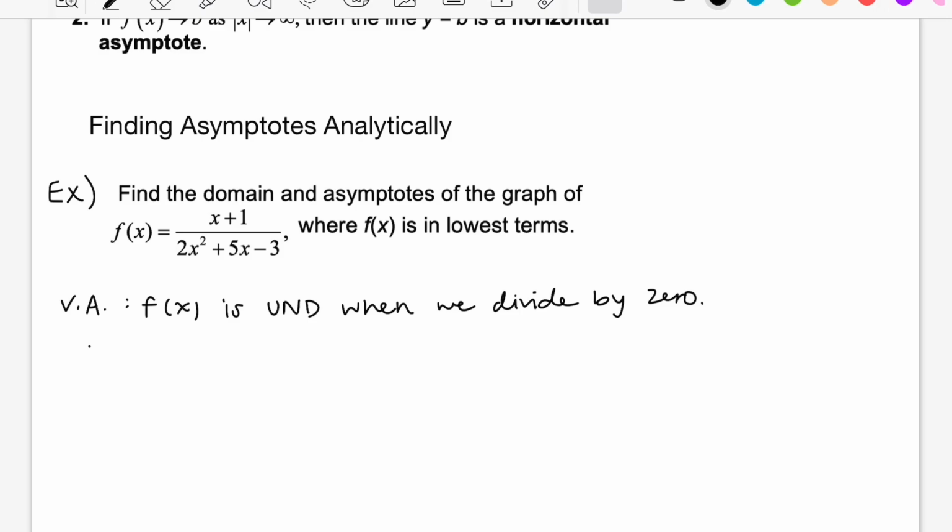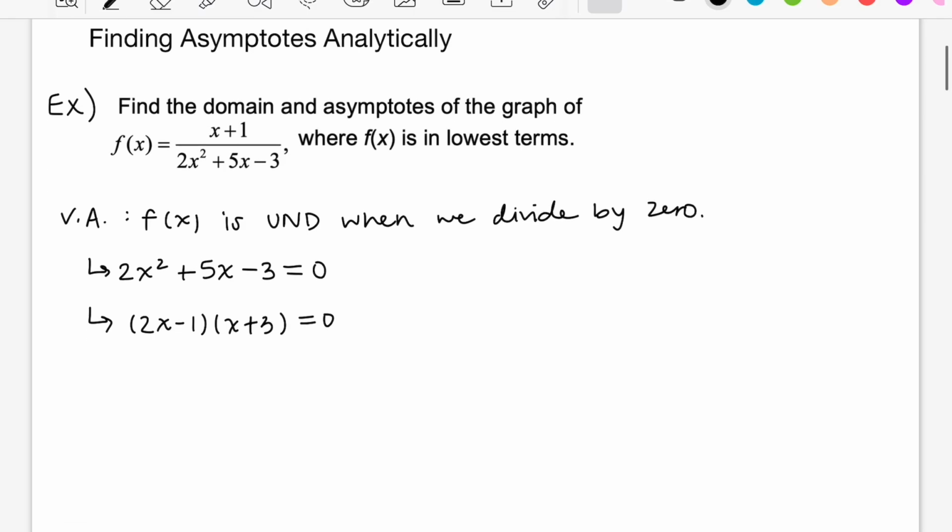Alright, so what we'll do is set our denominator equal to 0 and solve for x. So setting this equal to 0 and then factoring, we'll get 2x minus 1 and then x plus 3.